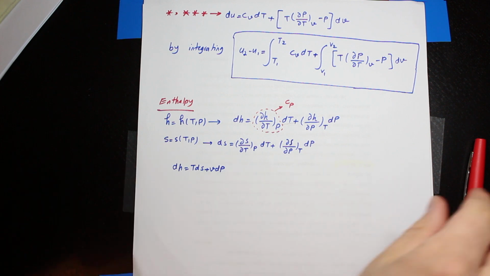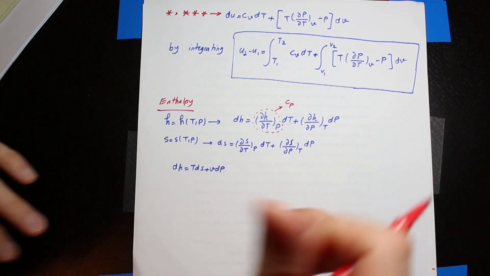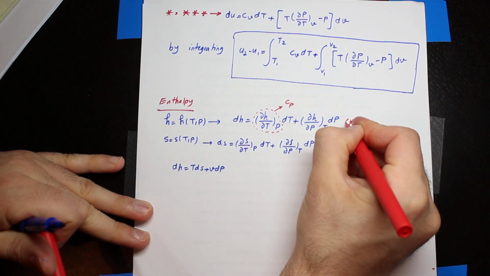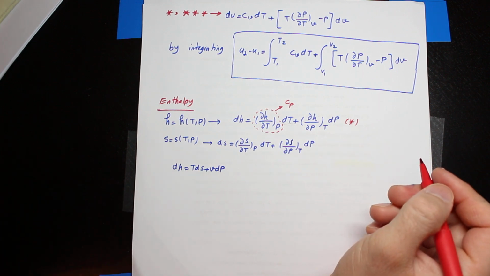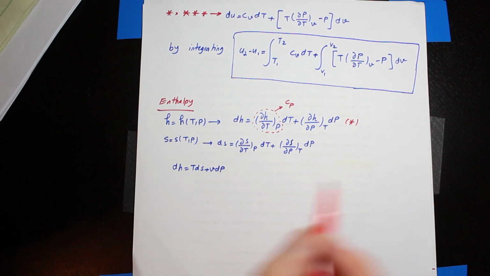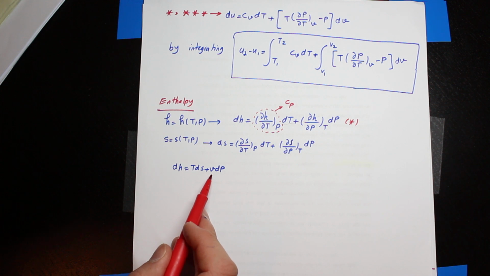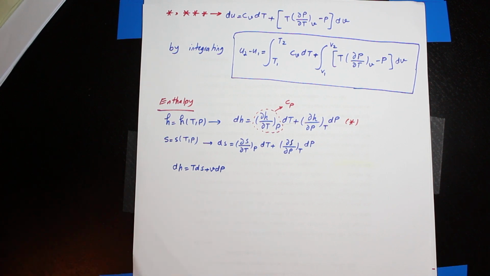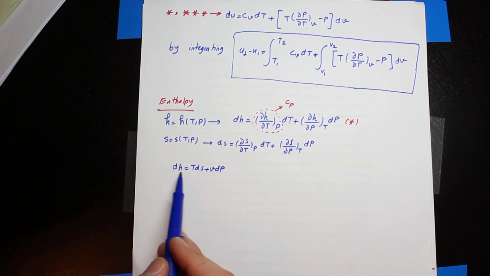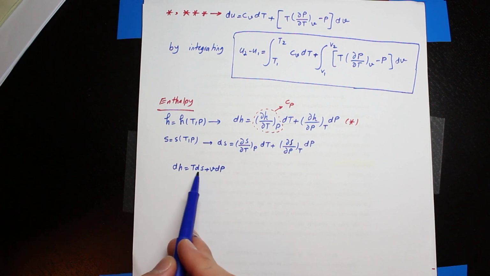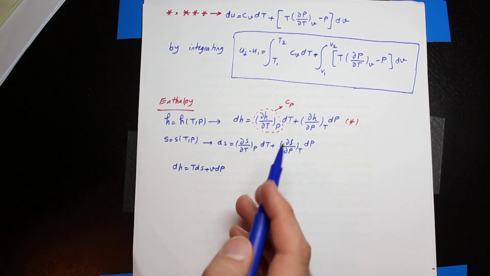Let me call this equation 1 star, and let me utilize this correlation and rewrite dH. I'm going to rewrite this dH, but instead of dS, I will write the right-hand side of this correlation.